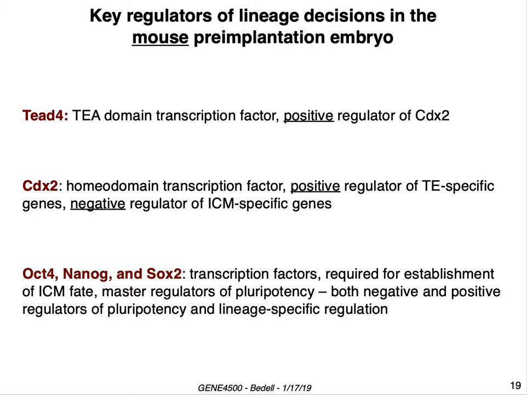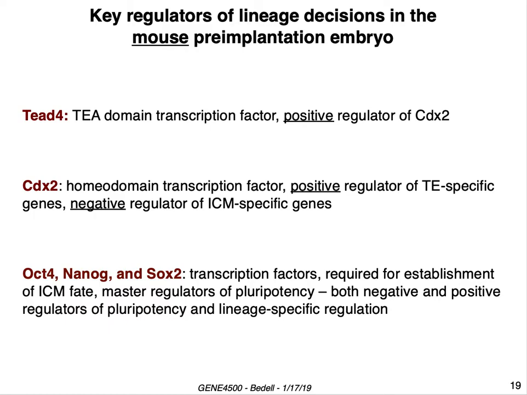Now, I don't think this protein T4 plays the same role in human. That's one of the species differences. But again, remember, what I'm asking you to learn here is mouse. They're all transcription factors. These we'll see are important not just in the embryo, but as I said, in pluripotency.